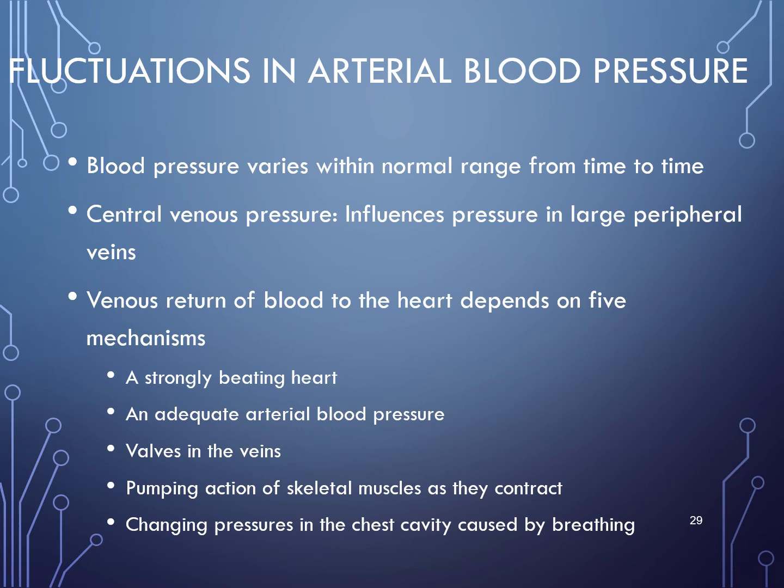The pumping action of skeletal muscle as they contract. Again, that's why it's important for us to get up, move around, and do some exercise. And then lastly, changing pressures in the chest cavity caused by breathing. We already talked about the thoracic cavity being a closed system, and as we breathe, that causes pressure changes, which can impact pressures.